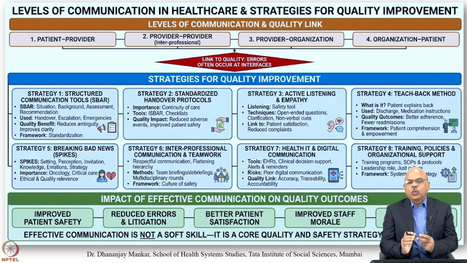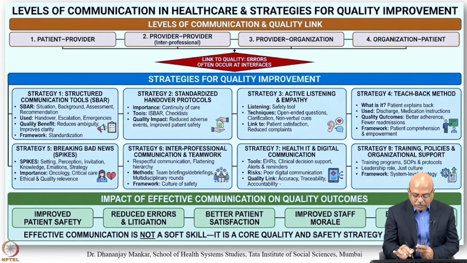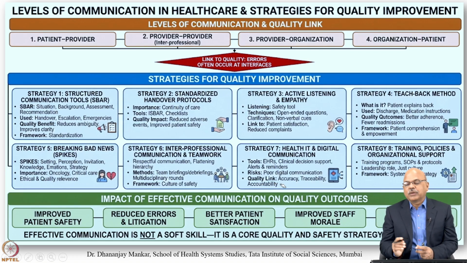The risk may be poor digital communication. If your systems are not prepared, it can lead to poor digital communication. What is the quality link? Accuracy, traceability, and accountability are among the benefits that you can get from health IT and digital communication, and these are very important nowadays.